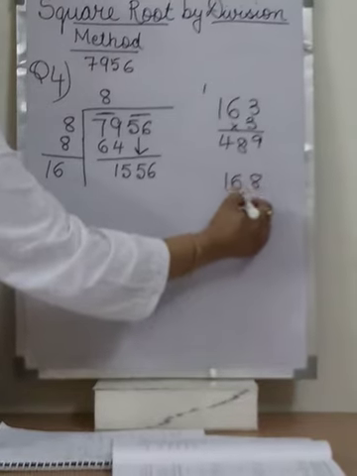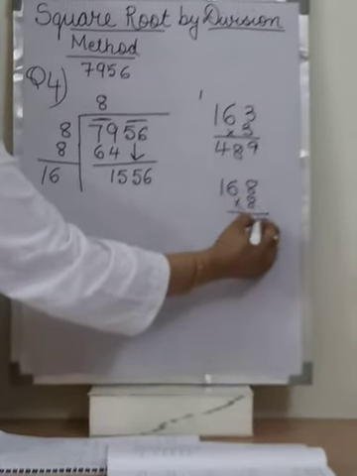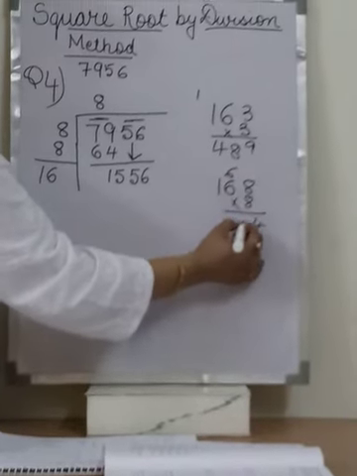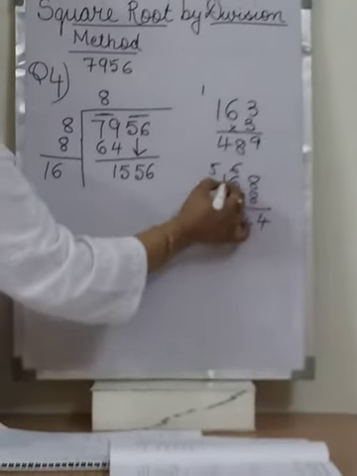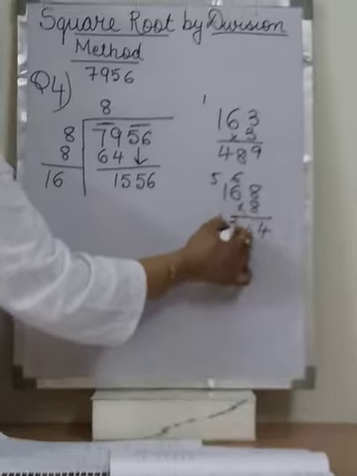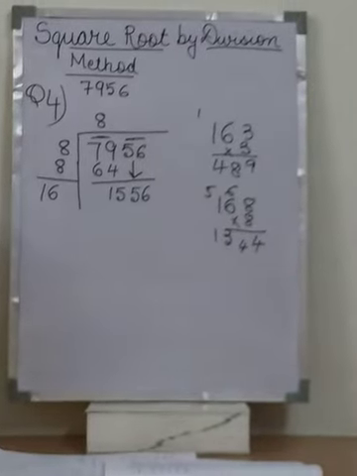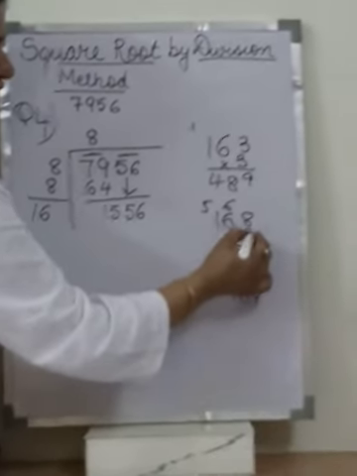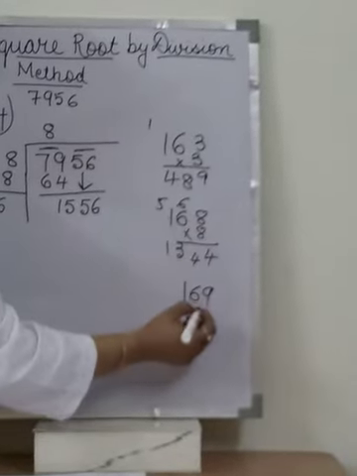So I multiply with 8. 8 8s are 64. 6 8s are 48, 49, 50, 54. 8 1s are 8 and 5, 13. Again it is smaller. Then the last number left is 9, because we cannot write 0. The moment we write 0, it becomes 0.